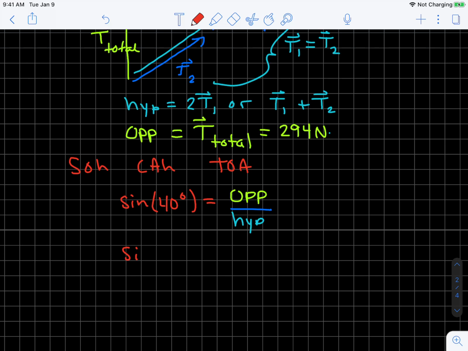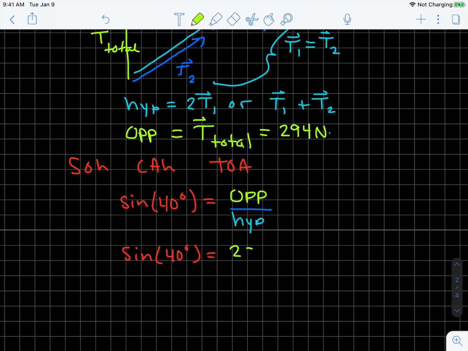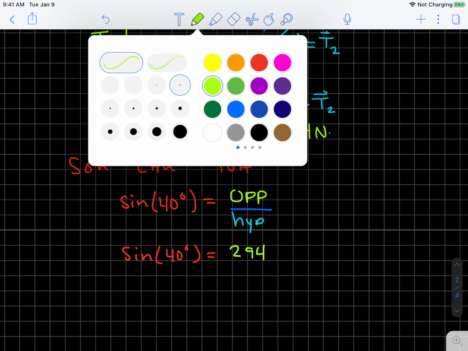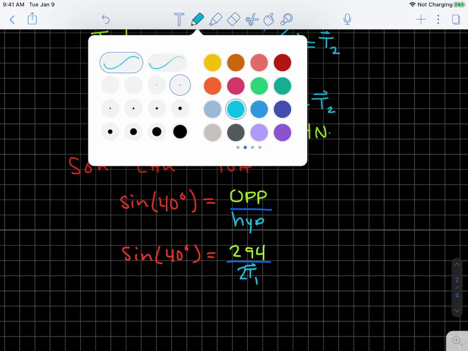So sine of 40 is equal to 294 divided by, we'll call it 2 tension 1. Again, what's your goal? Goal is to solve for one of the tensions. They're both the same, so if I can solve for one, I'm good to go.